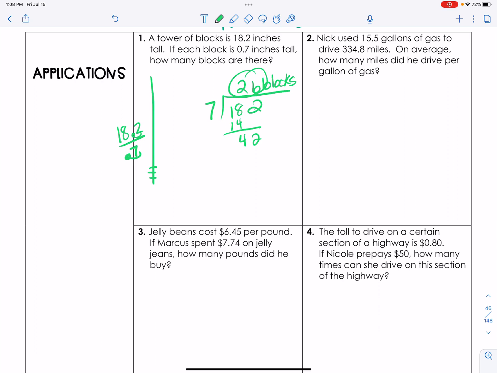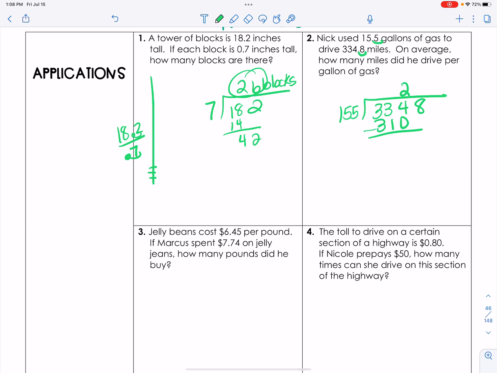On the next one, Nick used 15.5 gallons of gas to drive 334.8 miles. So how many on the average did he get? So I'm going to have to move my decimal. So I have 155 divided by 3348. And that is huge. So if I do 155 times 2, and I'm okay if you use your calculator for that part, it's 310.